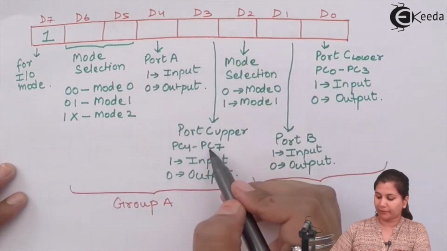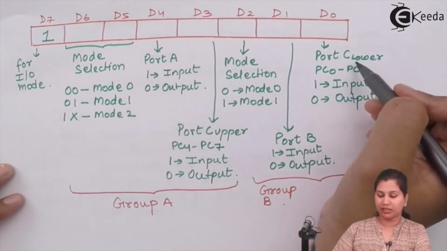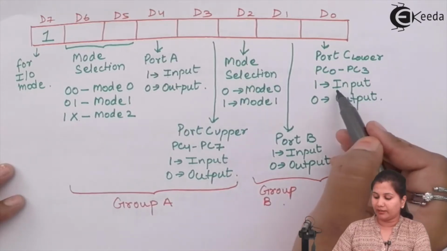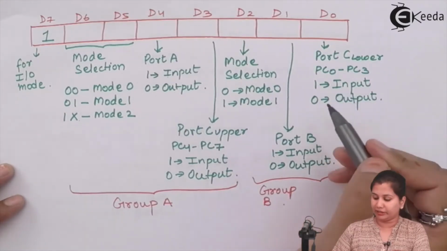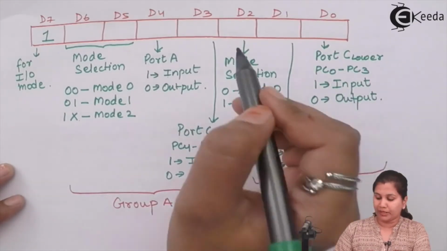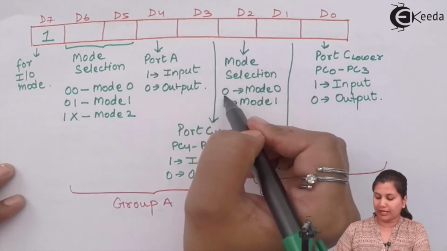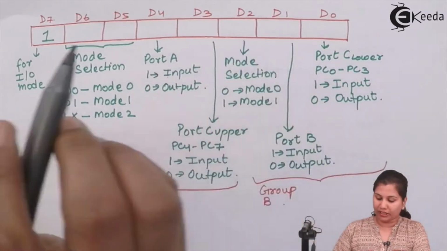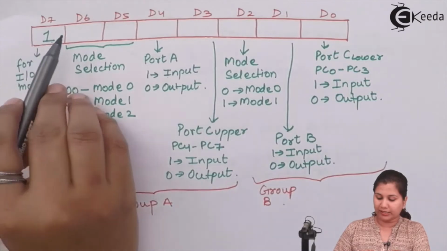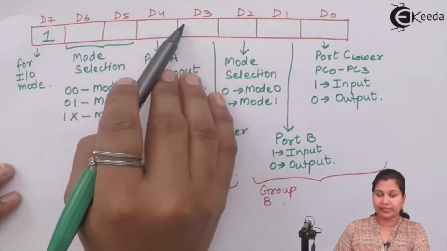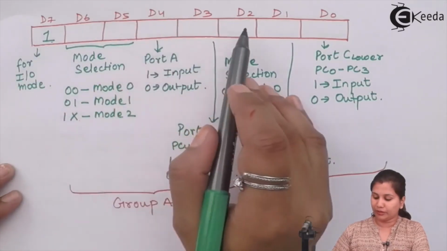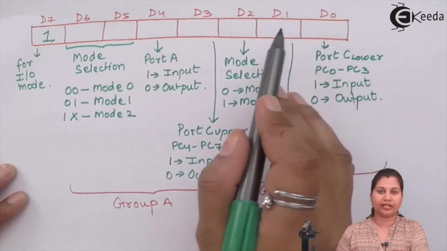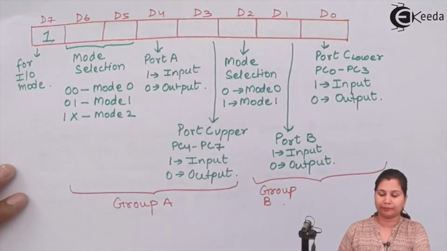Similarly, port C upper, port B and port C lower have their function decided, whether input port or output port. The D2 bit for mode 0 has to be 0. So this is 0 0, and D2 is 0, and D1 D0 are decided by the programmer.